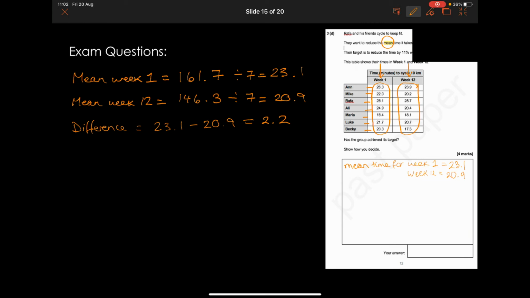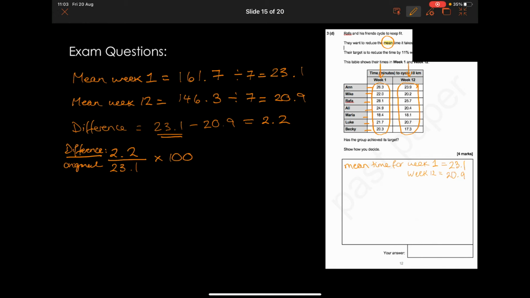To work out that as a percentage, you need to remember your percentage lessons. To write an amount as a percentage change, we write the difference, which is the 2.2, over the original. The original was 23.1 because that was the first week. Then to turn it into a percentage, we times that by 100.